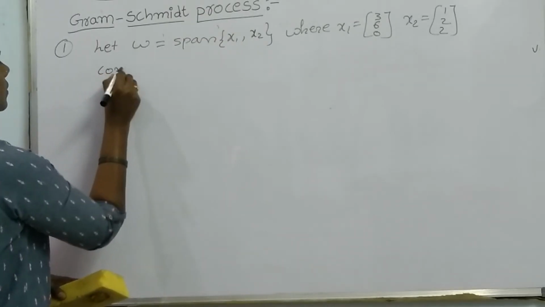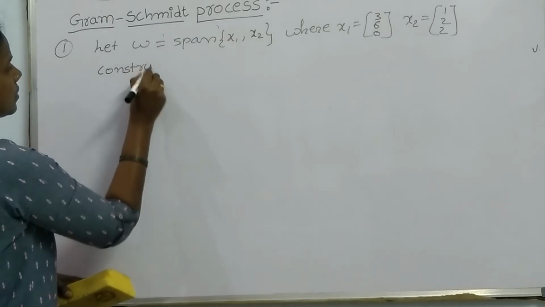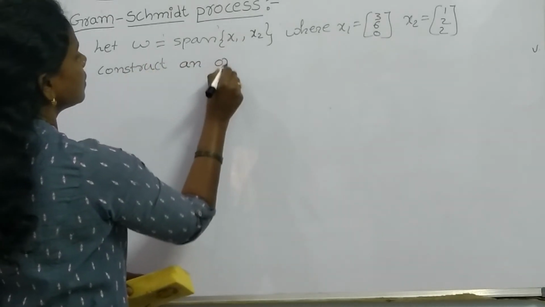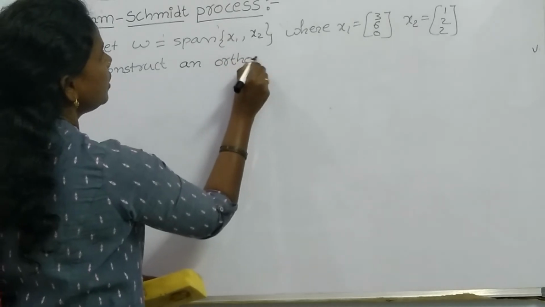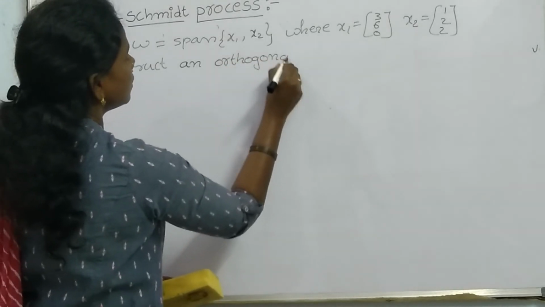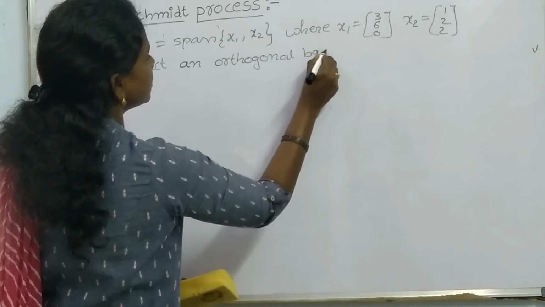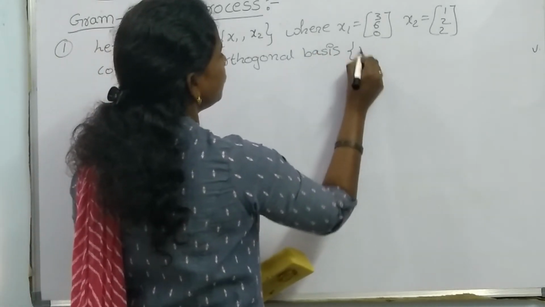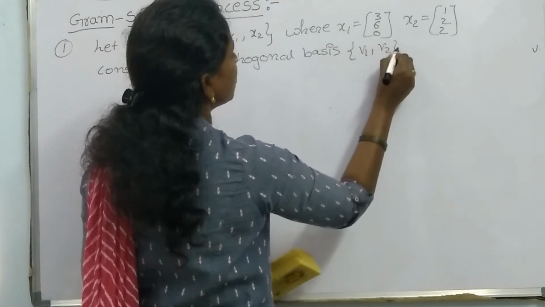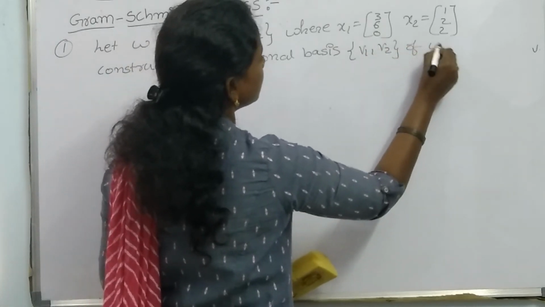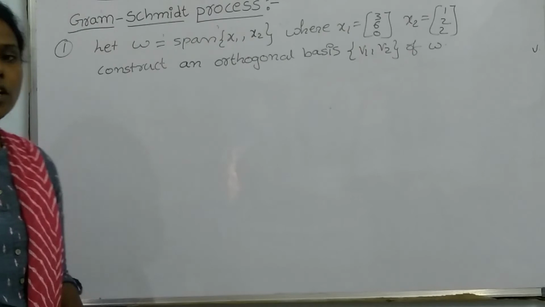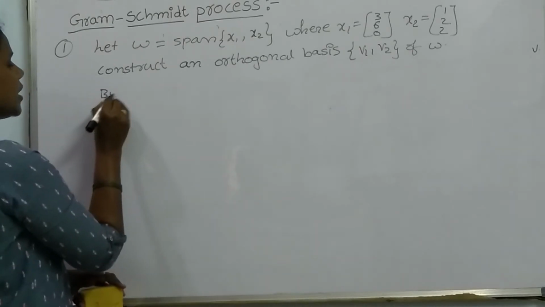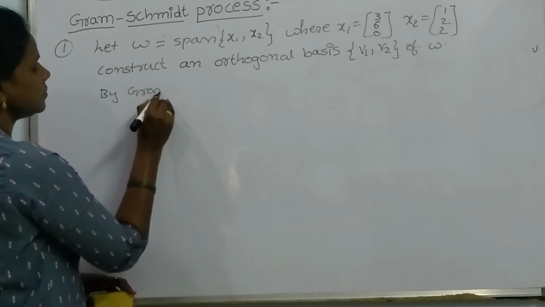Construct an orthogonal basis V1, V2 of W. This is our question. Now let us see how to find the orthogonal basis by the Gram-Schmidt process.